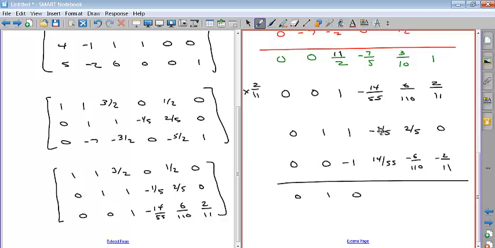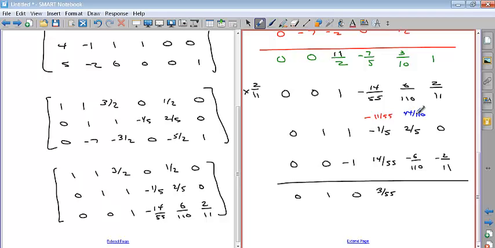In terms of 55ths, this is a negative 11 over 55. So you'll end up with negative 11 plus 14, so it's 3 over 55. Here, to get it to 110, I need to multiply by 22, I think. Yeah, 22. So 22 times 2 is 44 over 110.